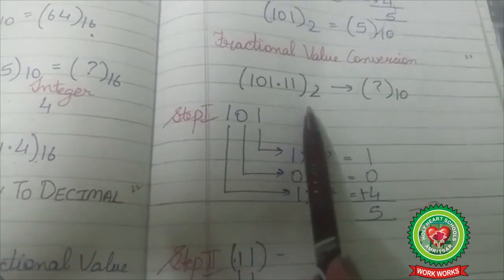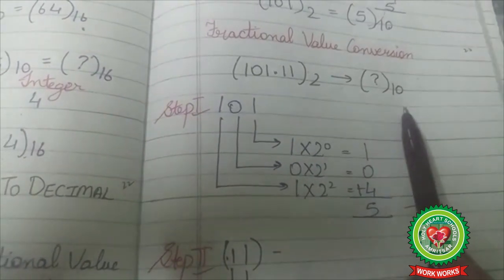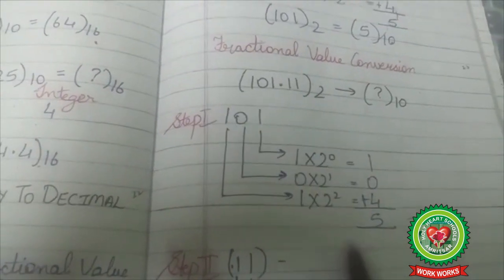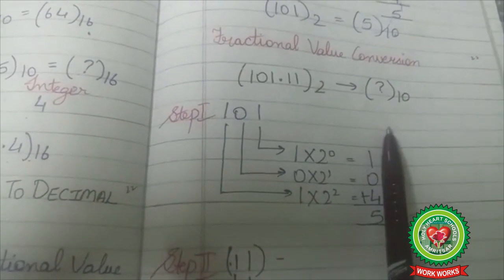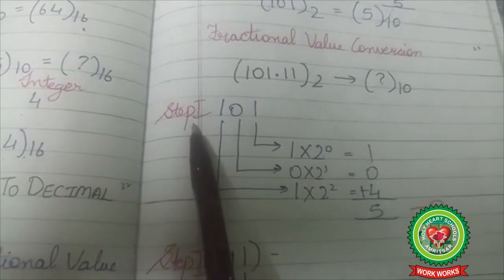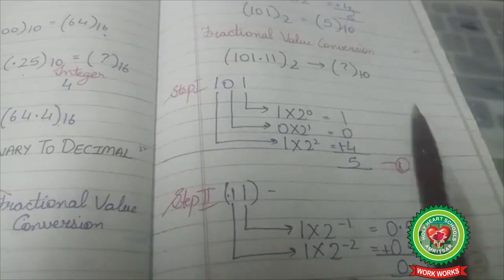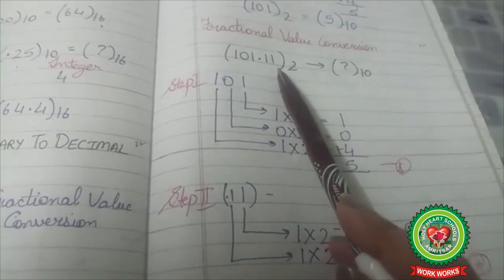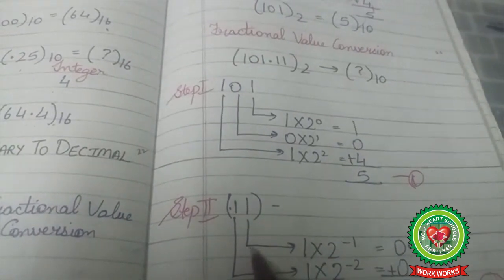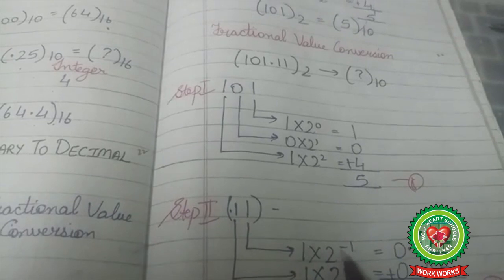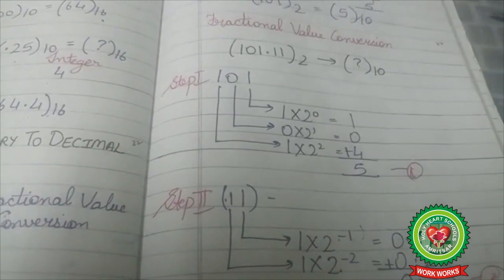101.11. I am going to convert this binary number into a decimal number. We have already learned how to convert the integer part into a decimal number. That is step 1. Now we will learn step 2. The fractional part is 0.11. I will start multiplying with 2 raised to power minus 1, 2 raised to power minus 2 and so on.